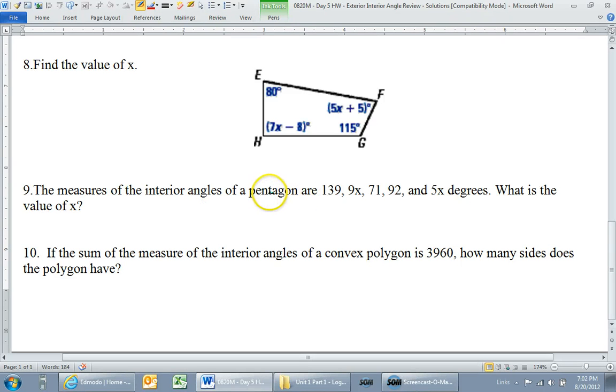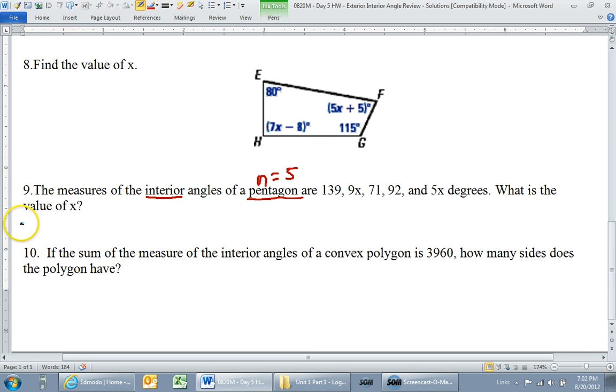Okay, we are dealing with a pentagon. That means n equals 5 in terms of the number of sides. And we are given these expressions for the angles. These are interior angles.